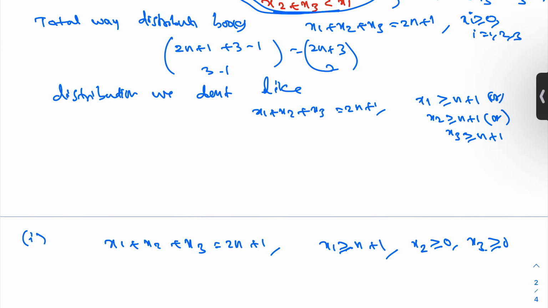Now, to find the non-negative integer solutions for this equation, let us convert this problem into a standard non-negative integer solution problem. For that, let me use the transformation y1 equal to x1 minus (n plus 1), y2 same as x2, y3 same as x3.